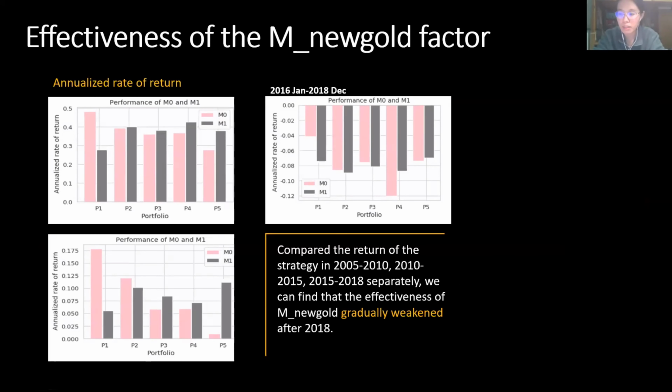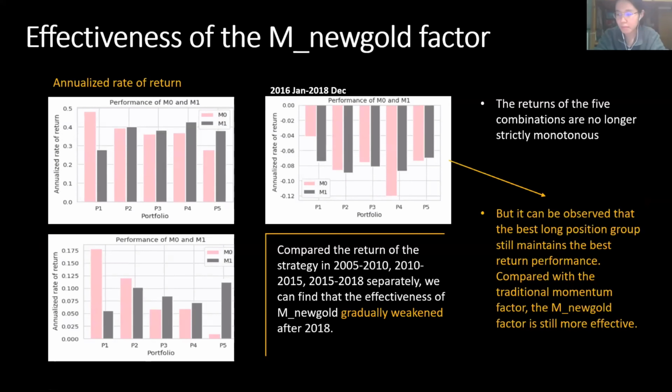Now we compare the return of the strategy in 2006 to 2010, 2011 to 2015, and 2016 to 2018 separately. We can find that the effectiveness of the M new gold factor gradually weakened after 2018. The returns of the 5 combinations are no longer strictly monotonous, but the best long position group still maintains the best return performance.